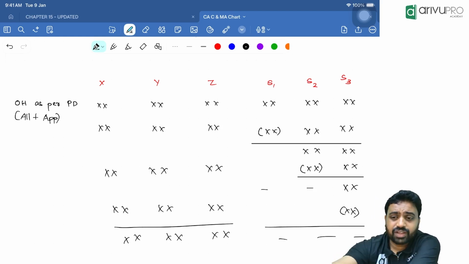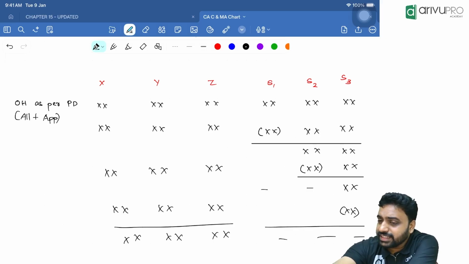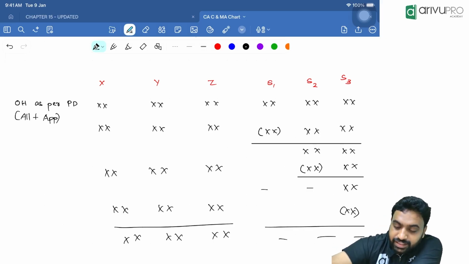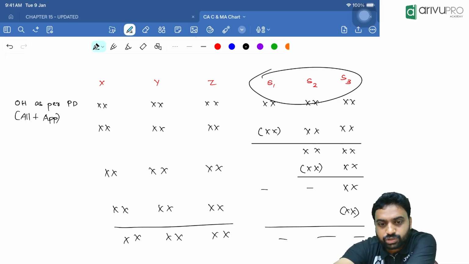Is that clear? And in the non-reciprocal method, guys, the order of writing the departments is very important. It's not in the order given in the question. This will be decided on the basis of the maximum number of services provided to other service departments. Here I wrote S1 first, because S1 provides service to S2 and S3, two service departments.